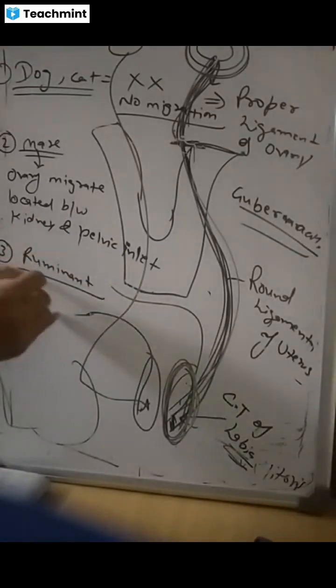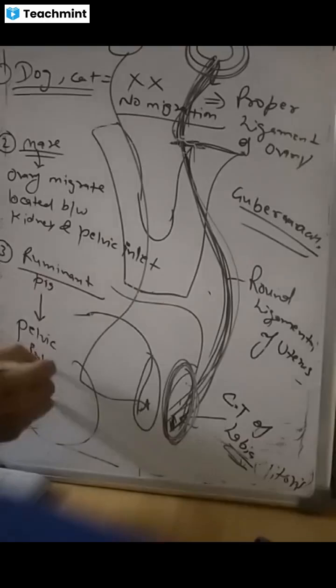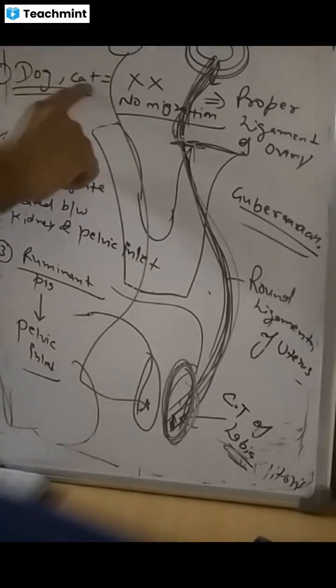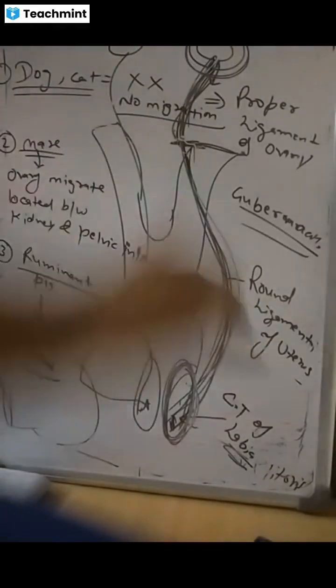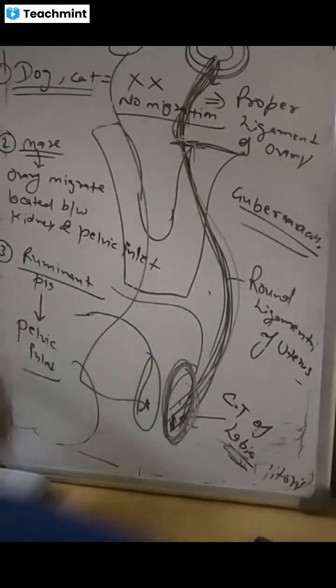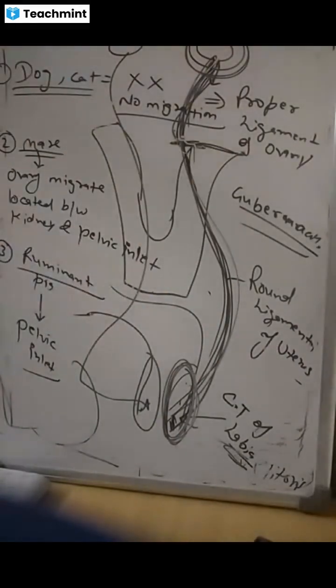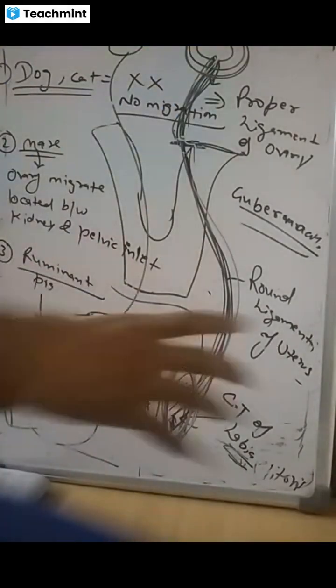Pig, they migrate to the pelvic inlet. So ovaries develop in the abdominal cavity. In the dog they will not migrate, remaining in the abdominal cavity. In ruminants and pig there is maximum migration; they come down to the pelvic inlet. So this is the migration or descent of the ovaries.